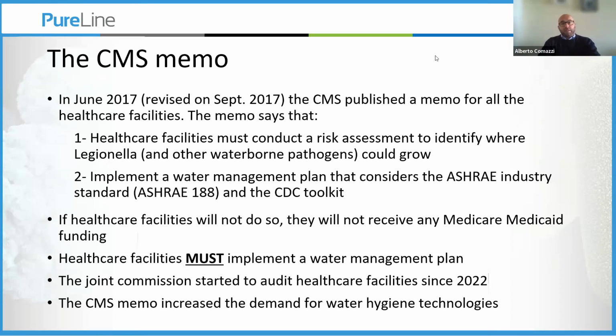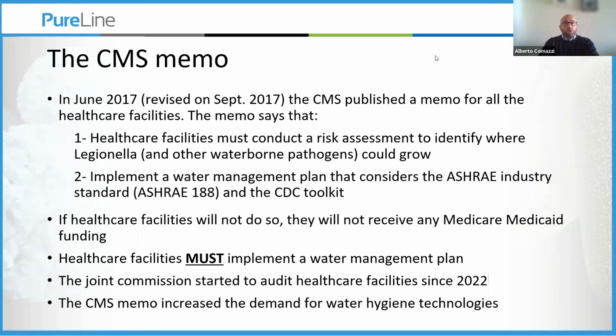And if healthcare facilities didn't do so, they're not going to be eligible to receive any more federal funding. So, at the end of the day, healthcare facilities are required to implement water management plans.